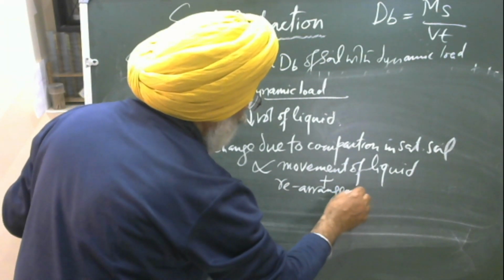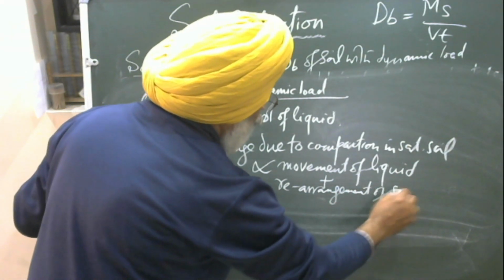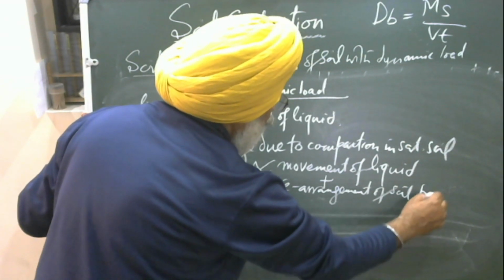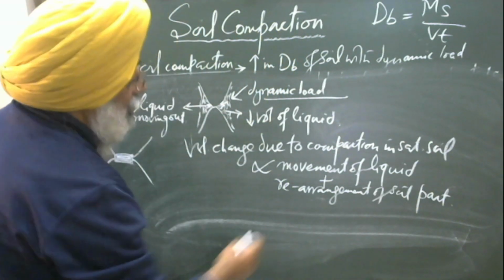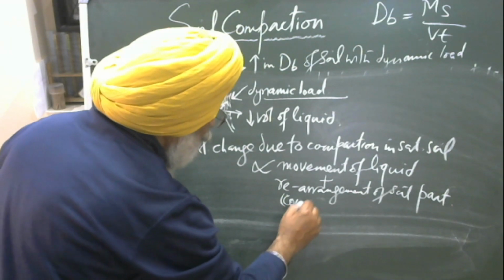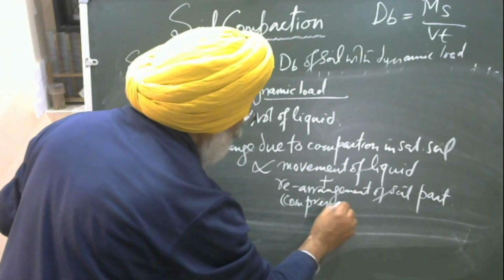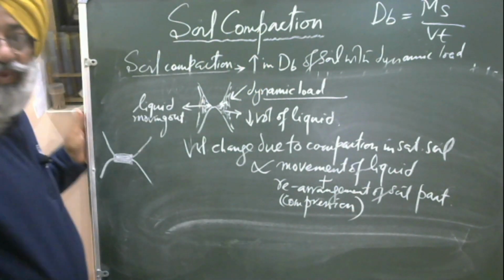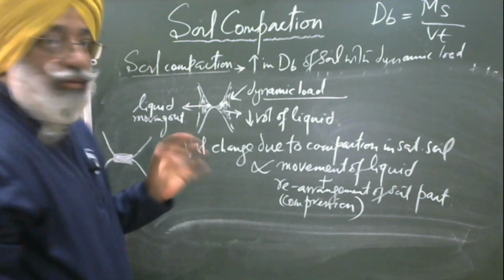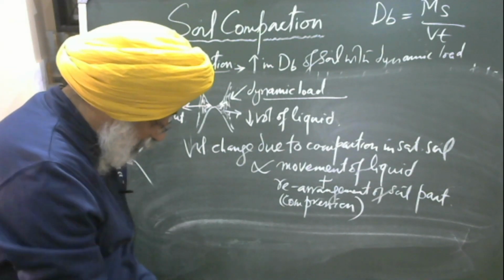The rearrangement of soil particles, or you can say compression of soil particles. We can also use the word compression of soil particles. So this is how the process takes place in saturated soils.